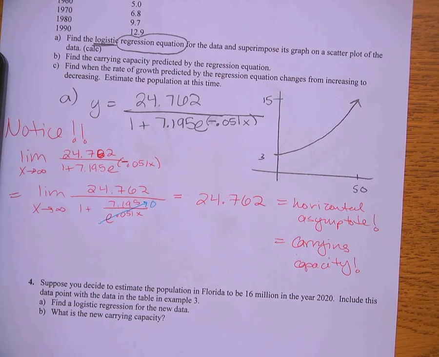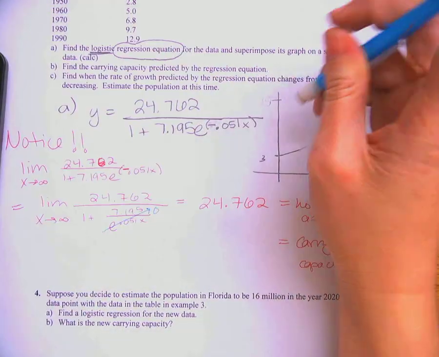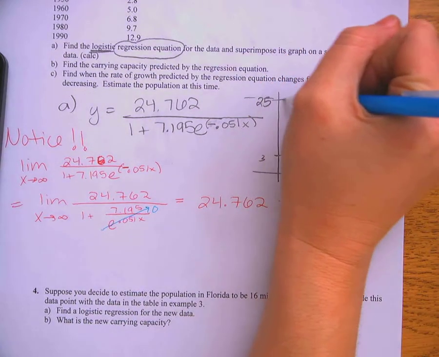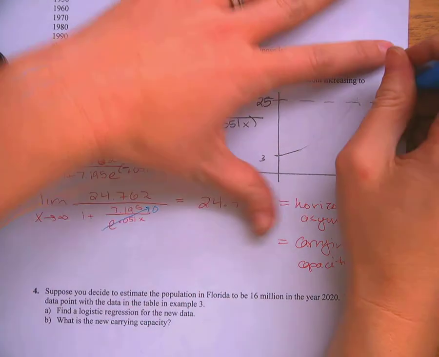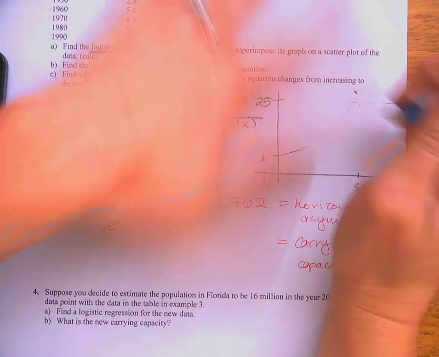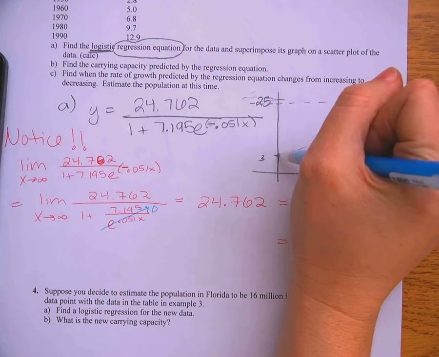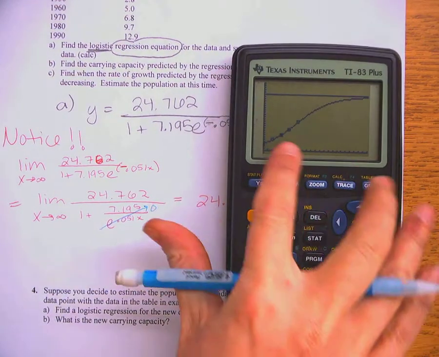Okay, so now that you've seen this, we need to adjust our graph. Let's go ahead and make that 25. We realize our cutoff is going to be somewhere below there. Let me go a little bit below there. And actually, let's see roughly where it begins to change.